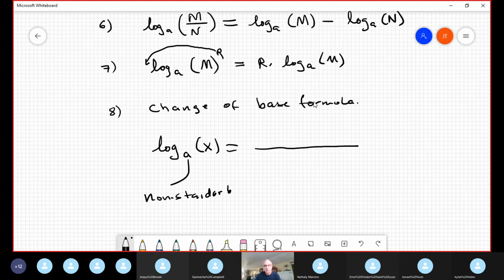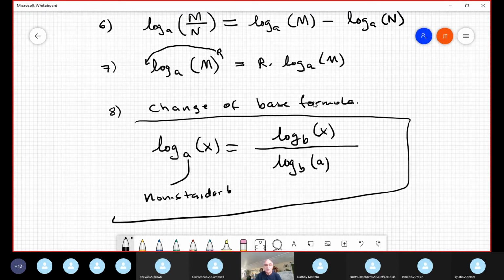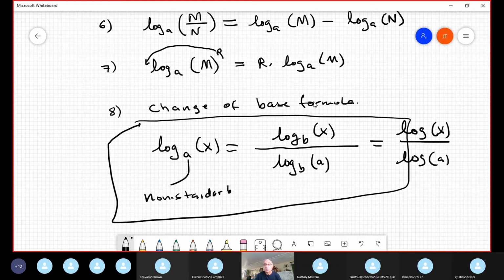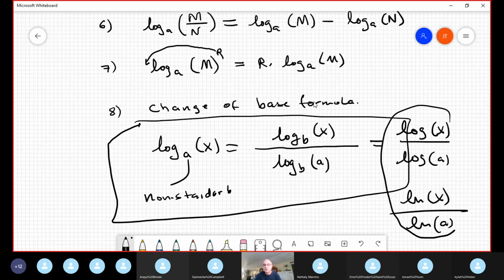Then, to compute it with the calculator, you change to another base, which is standard. You divide two logarithms. This is the most important formula today. You change from non-standard to standard: log of x divided by log of a, or ln x divided by ln a. And we use it with this calculator.